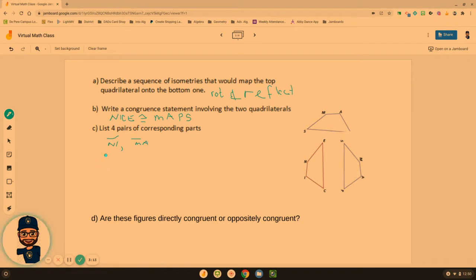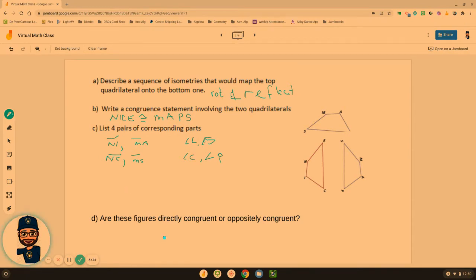The segment NE corresponds to segment MS. Angle E corresponds to angle S. They're in the same location. Angle C corresponds to angle P. And I could write down the others. There's 2 more for each of these. We're just going to keep plugging right along.